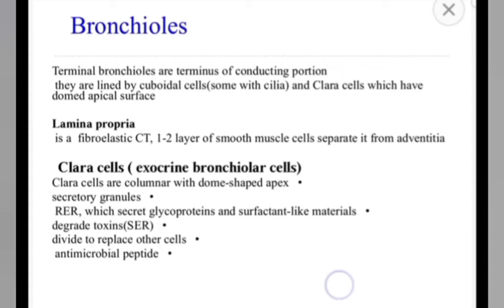There is rough endoplasmic reticulum, which secretes glycoproteins and surfactant-like materials. These cells degrade toxins because of the presence of smooth endoplasmic reticulum. They divide to replace other cells. They also have antimicrobial peptide properties.